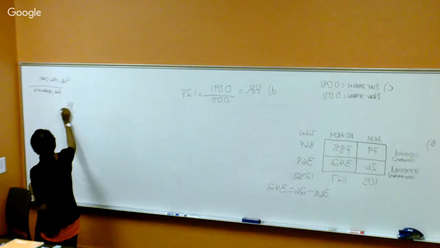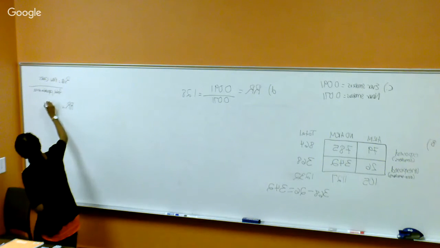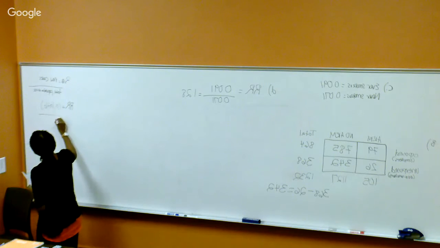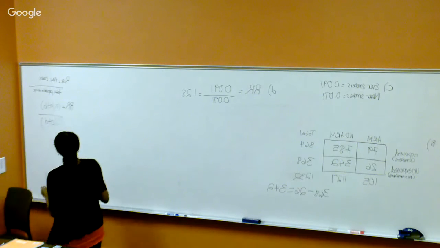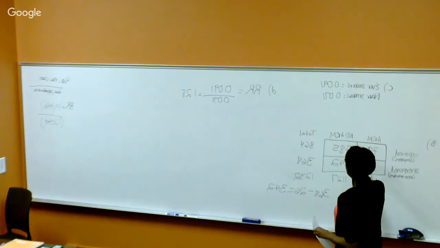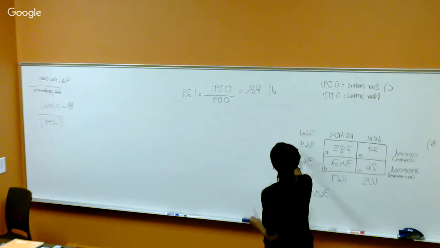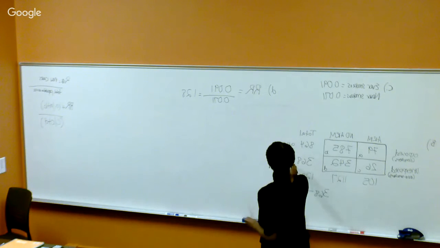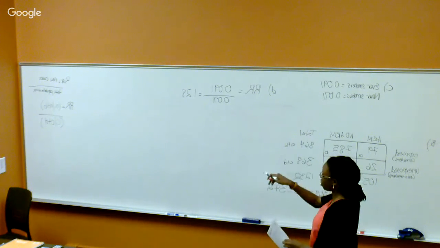Remember that relative risk is A over A plus B divided by C over C plus D. If you label your 2x2 table A, B, C, D, then this is A plus B, and this is C plus D. If you plug these numbers into that formula, you should get the same answer.